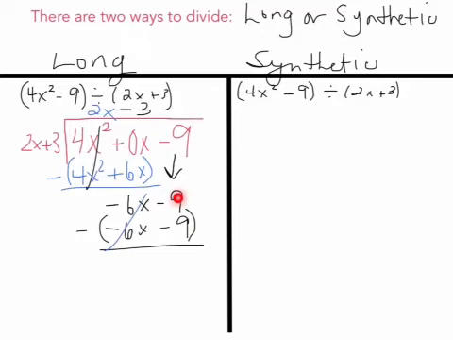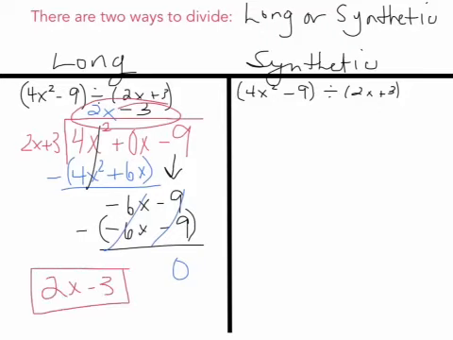And then a negative 9 minus a negative 9 also just cancels. So then we don't have a remainder. Sometimes you will, in this case we don't. So then my final answer is that 4x squared minus 9 divided by 2x plus 3 is just 2x minus 3. So that's my answer there. 2x minus 3.